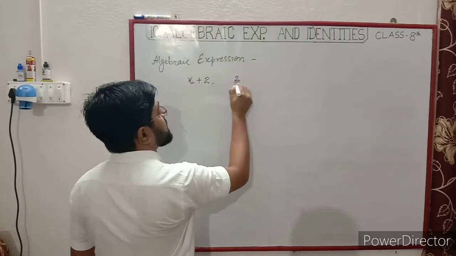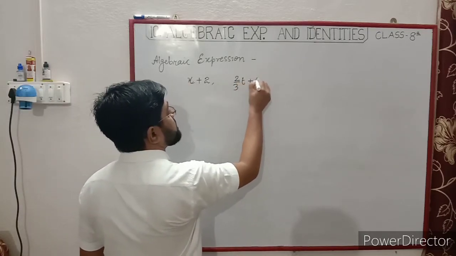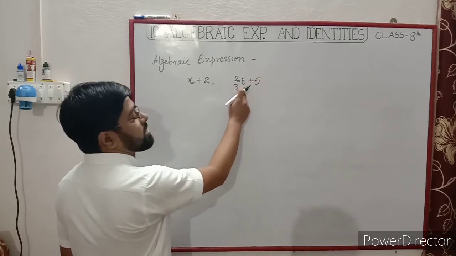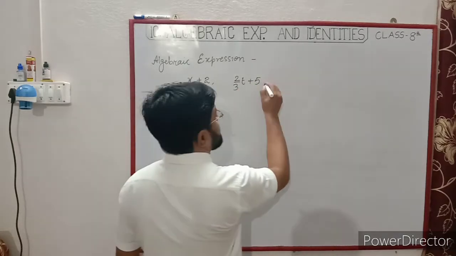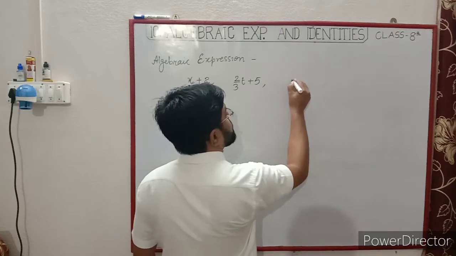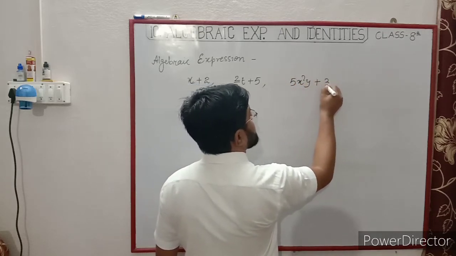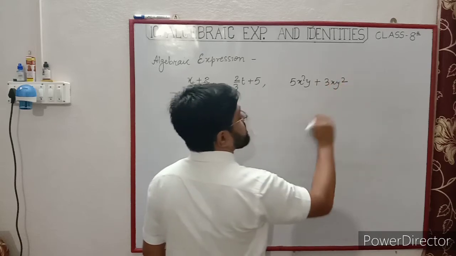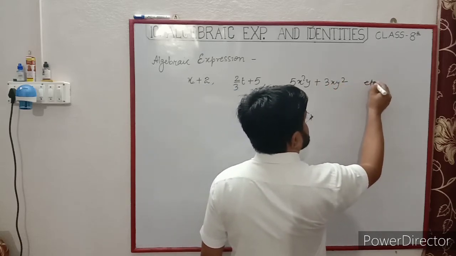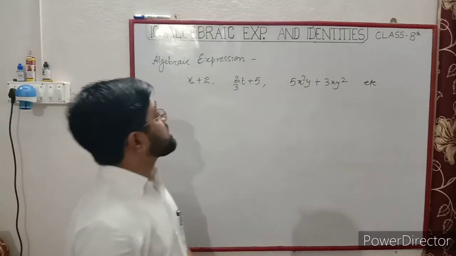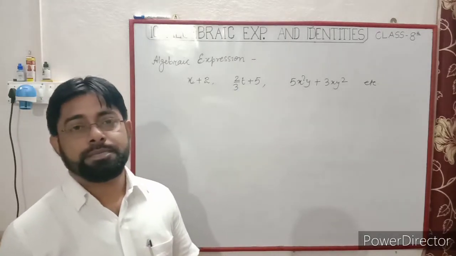Now 2 by 3 t plus 5, here t is a variable. Now 5x square y plus 3xy square, etc. These are examples of algebraic expression.